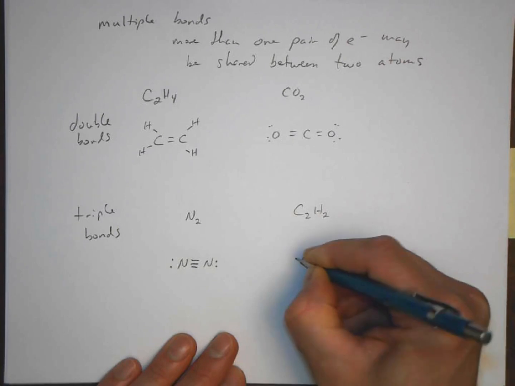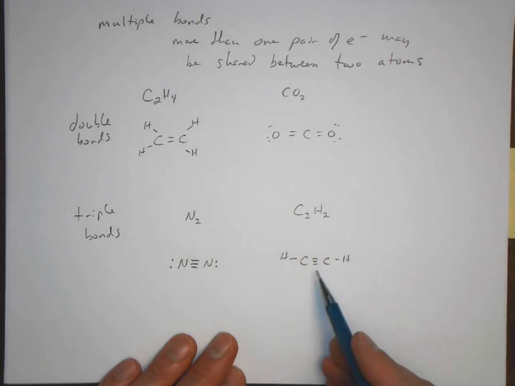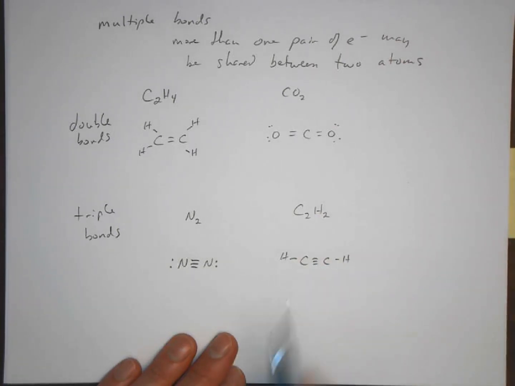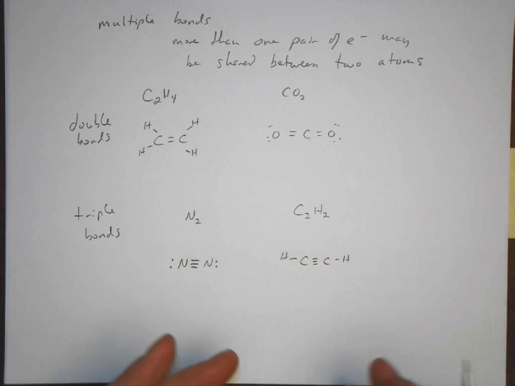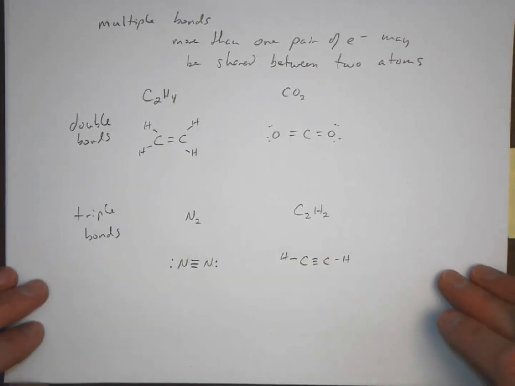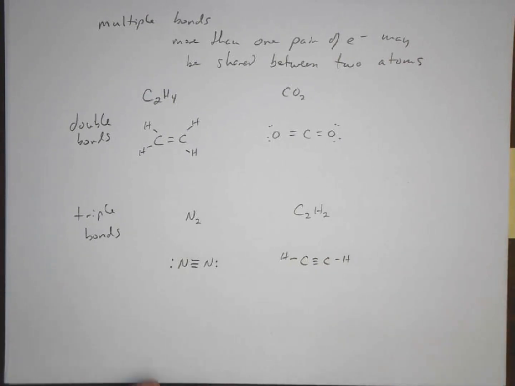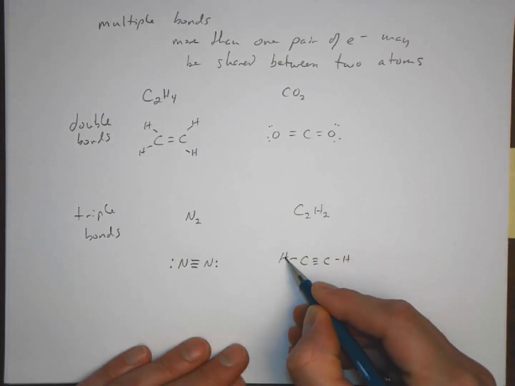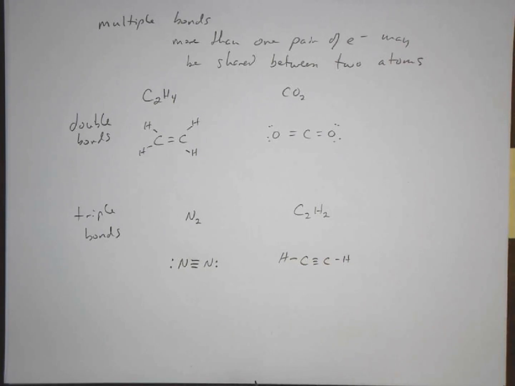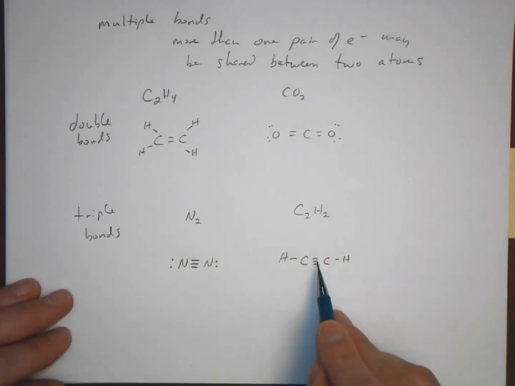The best Lewis structure for C2H2 would look like this, where we have 3 pairs of electrons being shared by the carbon atoms. So those are being shared by the carbon atoms, and then the octet rule is satisfied.